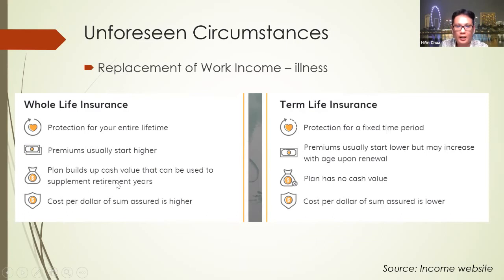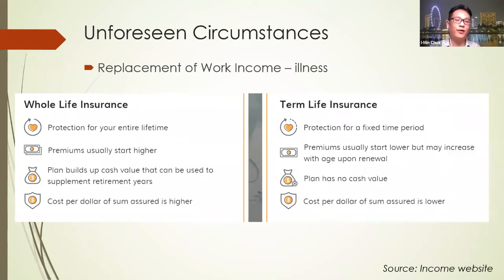Okay, for whole life, there is a cash value. For term life, there is no cash value. So whole life, you can think of it as insurance plus investment. Term life is pure insurance.